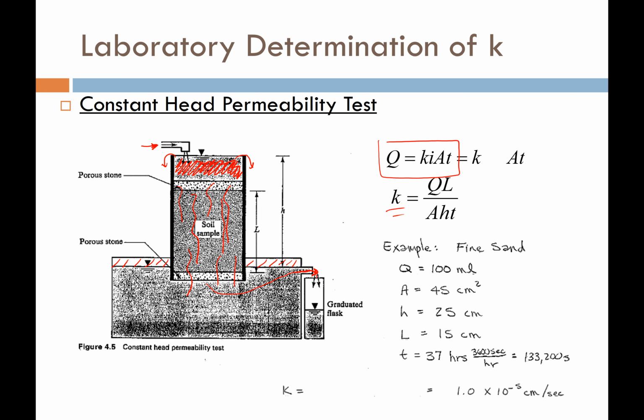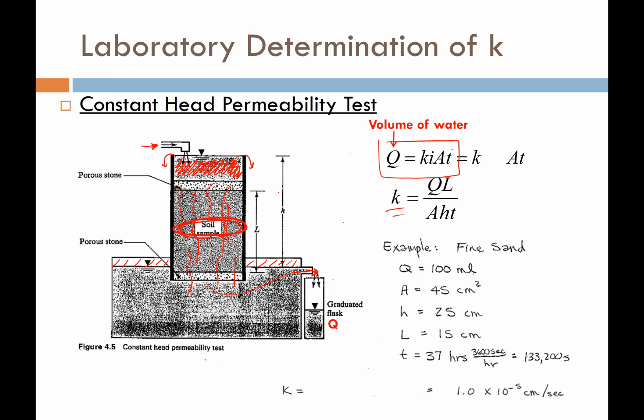Flow has to remain constant. So this amount of water that's in the flask, that's the volume of water, that's Q. The time that it takes for the test to run is the time that it takes to build the water in the flask. The A is the cross-sectional area of our soil tube. And then, of course, i is the hydraulic gradient.